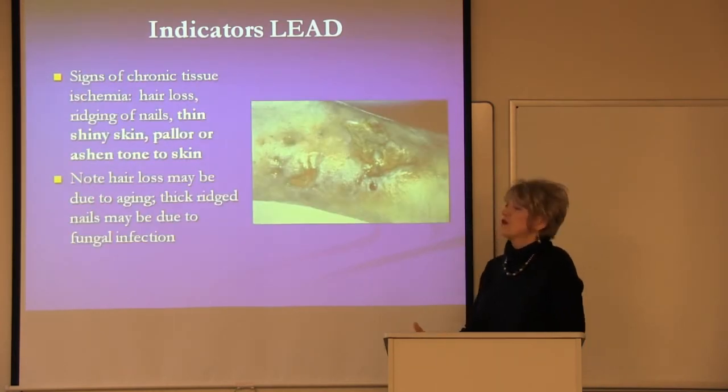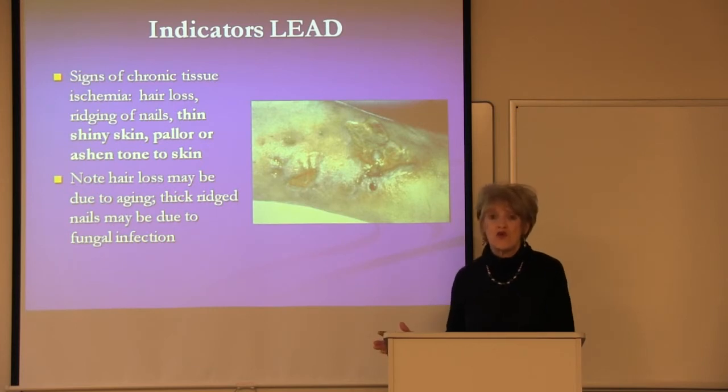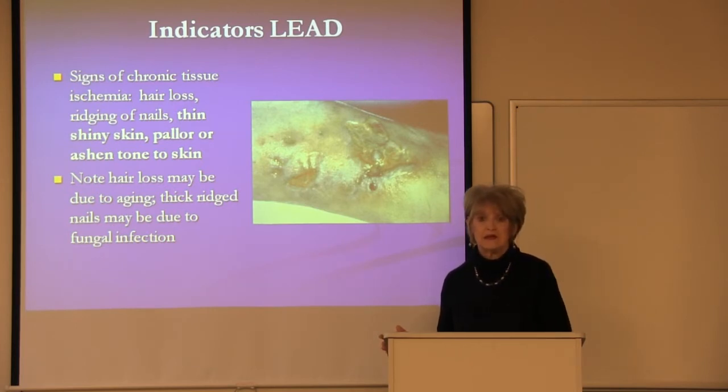Okay, the next thing you look for is indications of chronic tissue ischemia. Indications that the skin, the hair follicles, the nail bed is not getting enough blood flow to replace the skin cells at a normal rate, to replace hair at a normal rate, to replace nail cells at a normal rate. So what do we typically see in a patient with arterial disease? Thin, shiny skin that looks like anything could cause a break in the skin.